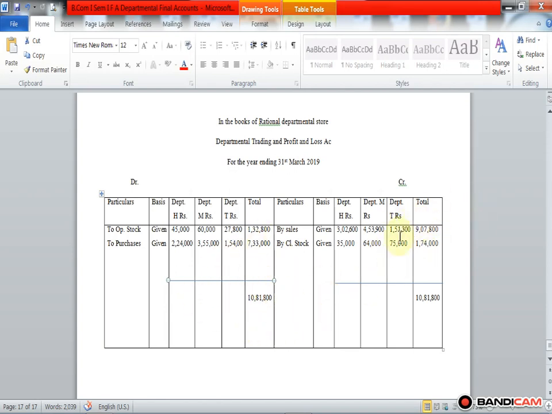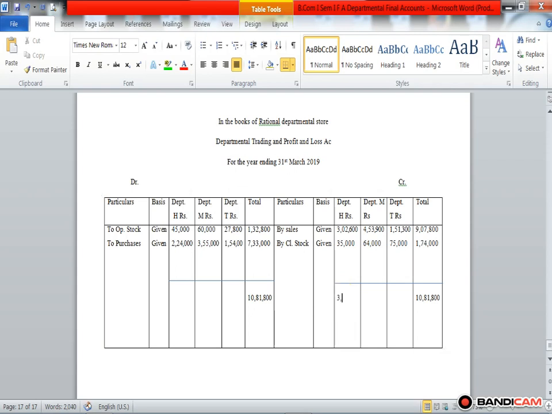But first of all, make the total of all departments. Department H total is 3,37,600. Then total of M 5,17,900, and Department T 2,26,300.